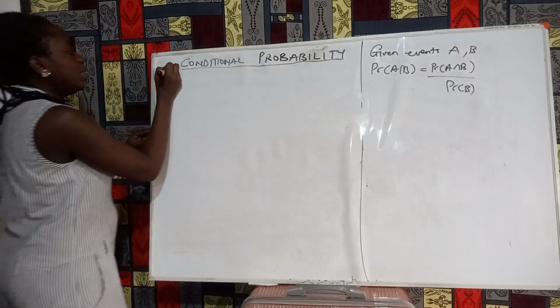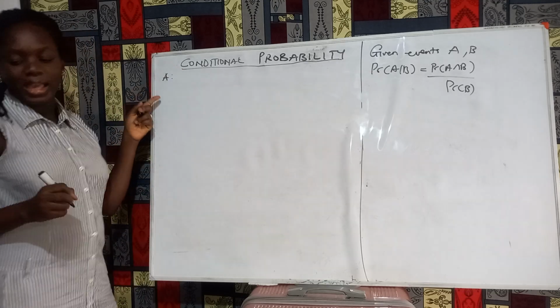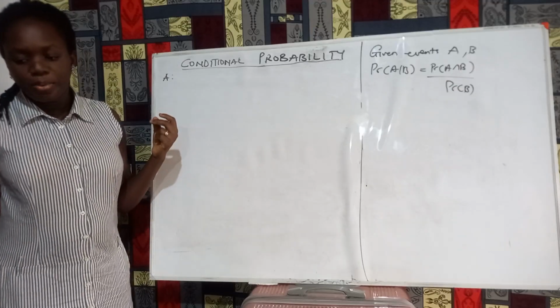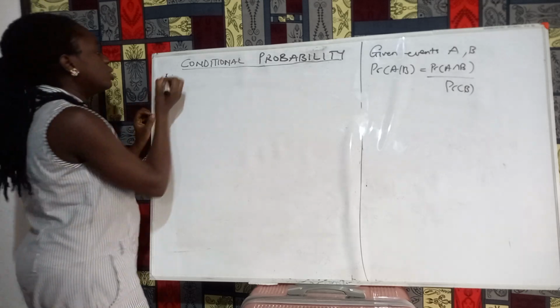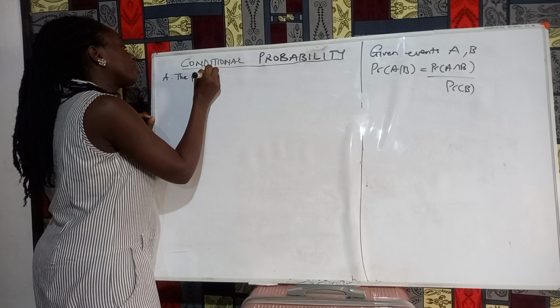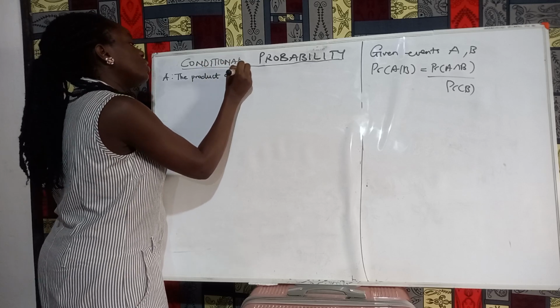Let's define event A. We define A as the event of the product of the two numbers being odd.